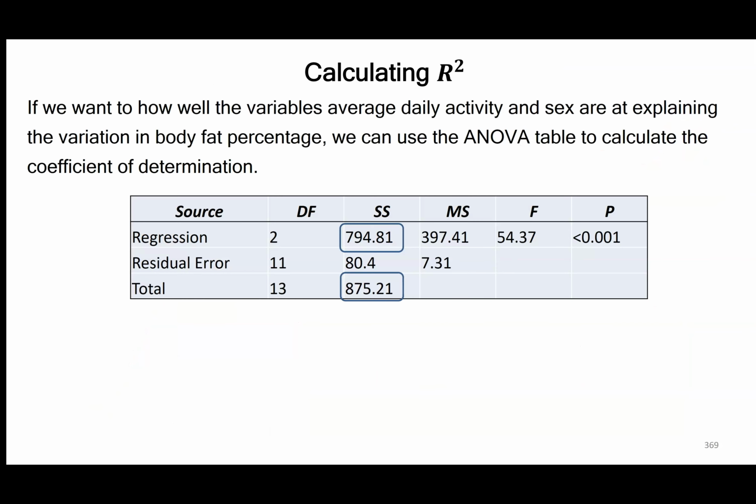So calculating it here. We have our model, we have our error, and we have our total. Remember, for R squared, we want SS from the model divided by SS total. So we have those two values here. This one divided by the bigger one.